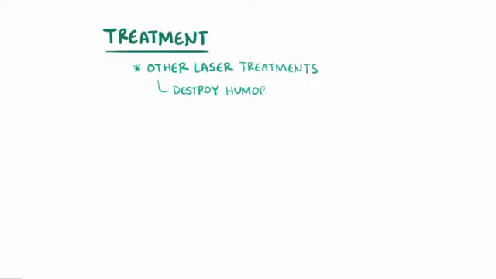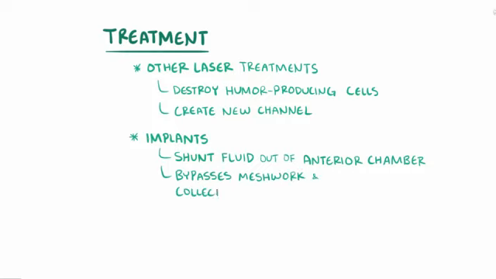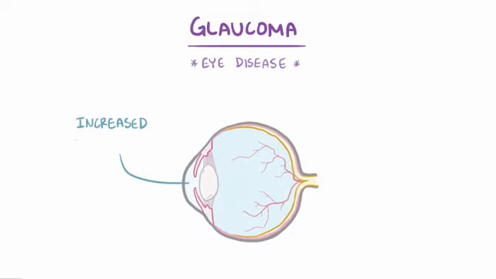For example, ones that destroy the humor-producing cells, which reduces the production of the fluid. And in serious cases, sometimes they can be used to create a new channel through which the aqueous humor can be drained out. And finally, there are implants that shunt fluid out of the anterior chamber by bypassing the trabecular meshwork and collecting system.